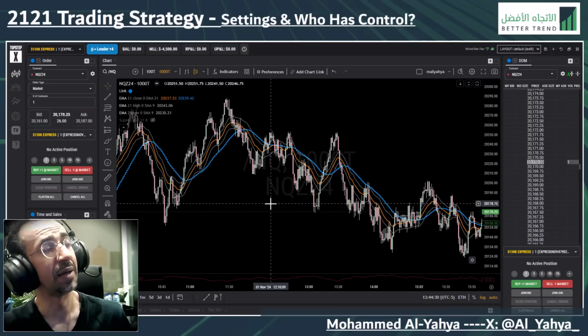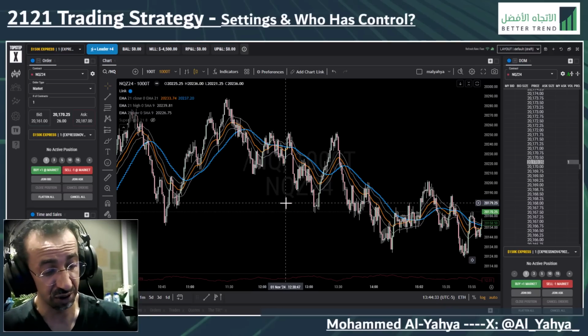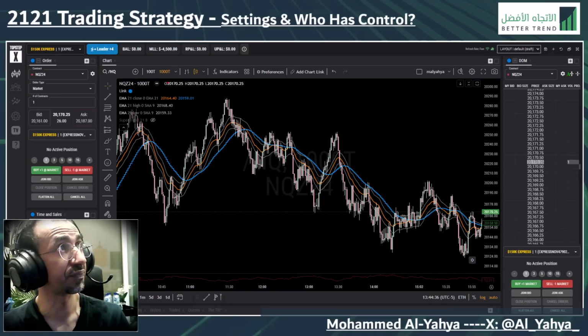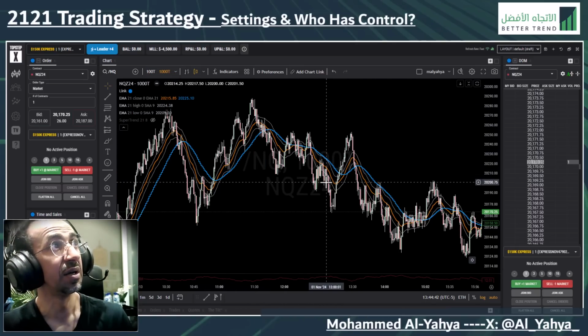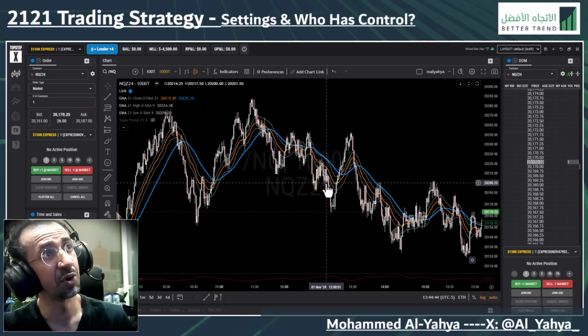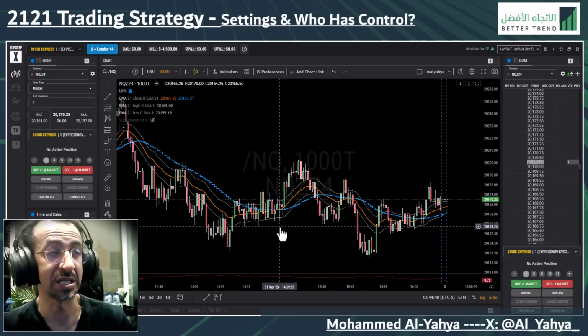What I'm using here, I'm trading Nasdaq. I use the 1000 tick chart to read the price action. Why am I using a tick chart, not a time frame? Because I believe that a candle without volume doesn't mean anything.